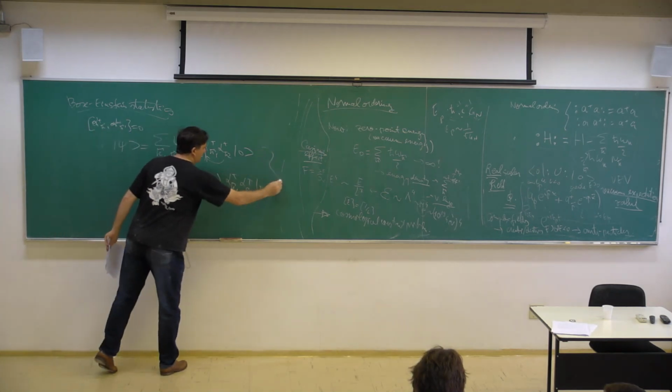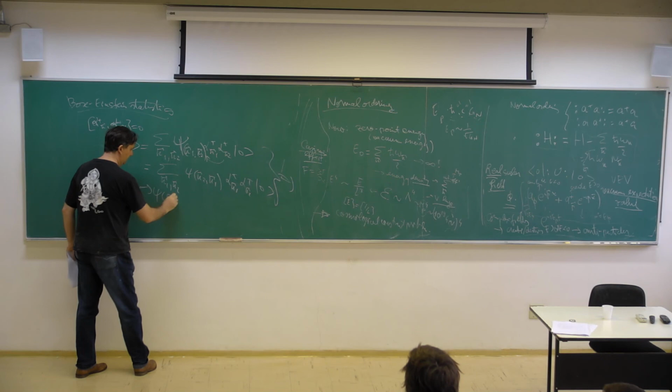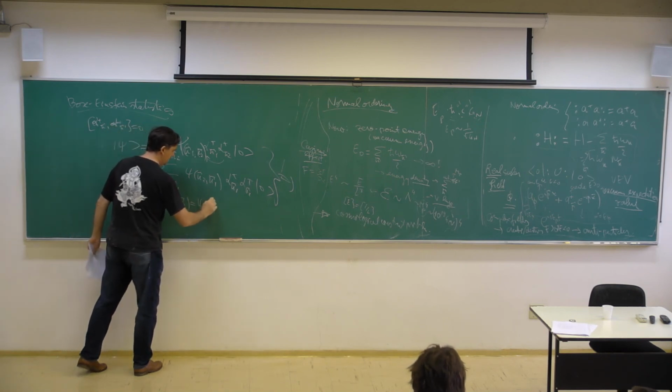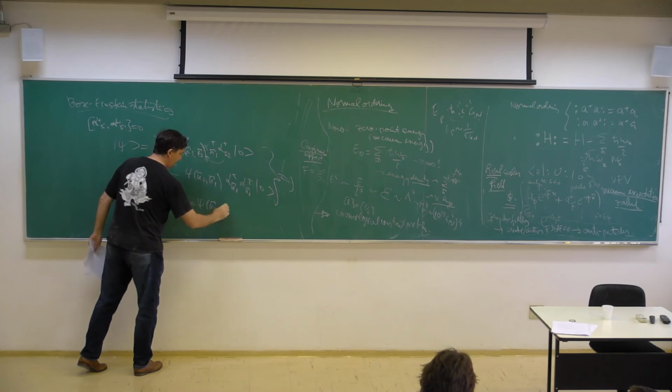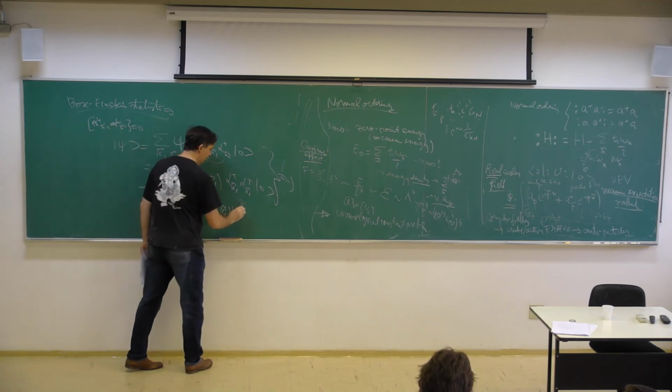From these two, I deduce that the wave function must be symmetric in the exchange of k2 and k1. In other words, Bose-Einstein statistics.